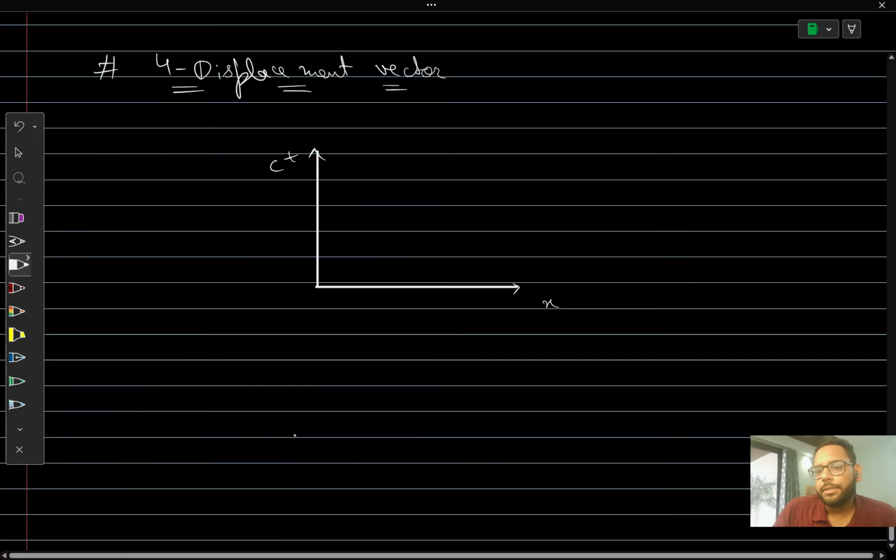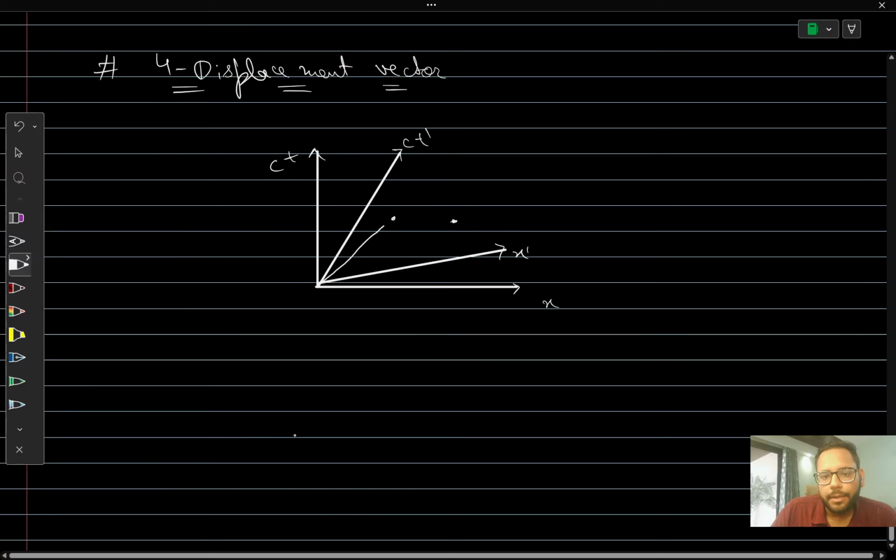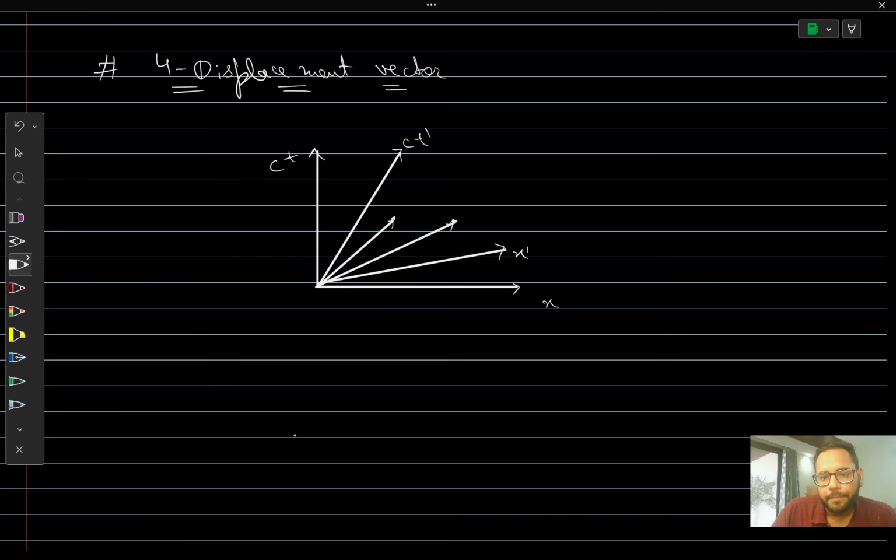Now consider the x as all x, y, z components. Suppose this is my two other axes, that is the S prime frame. And I have 2 points A and B, and I connect them with a vector, and this is a vector in four-dimensional spacetime.